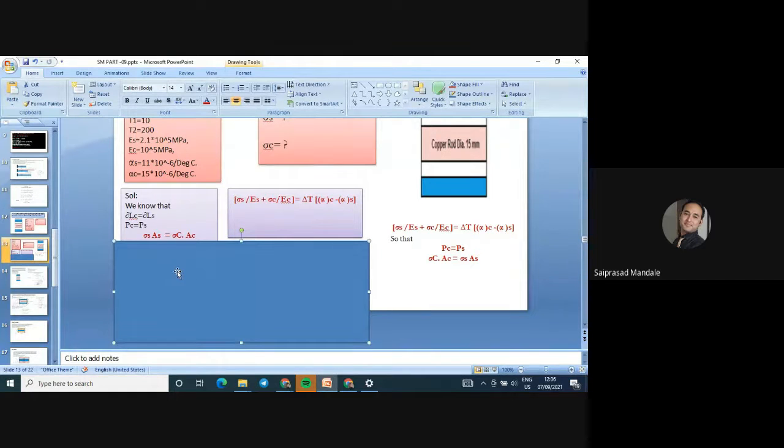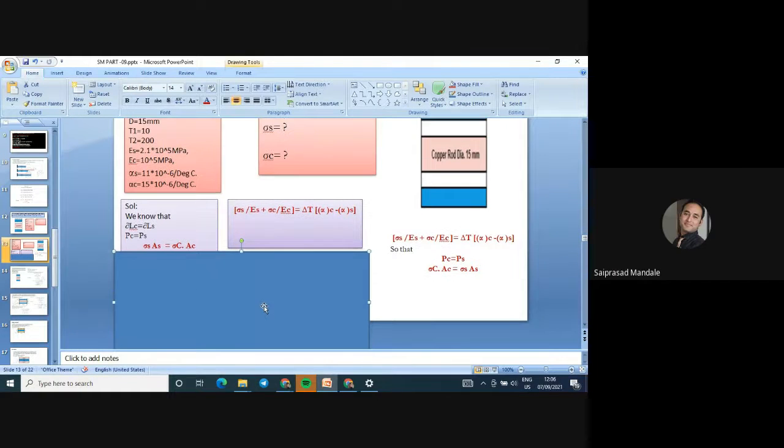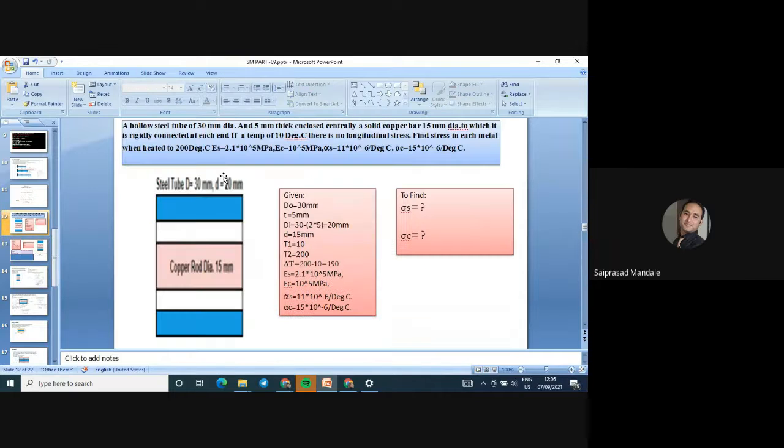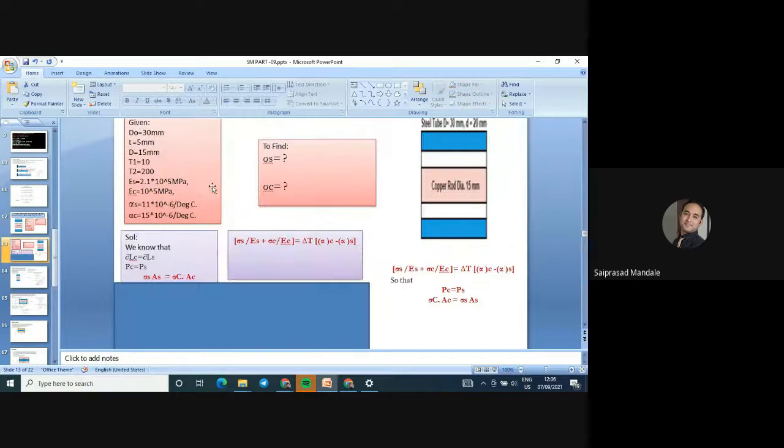How to calculate the area of steel? Can anybody tell me?